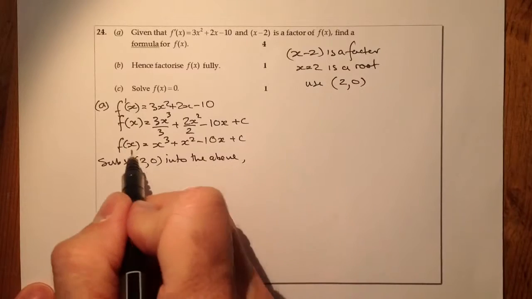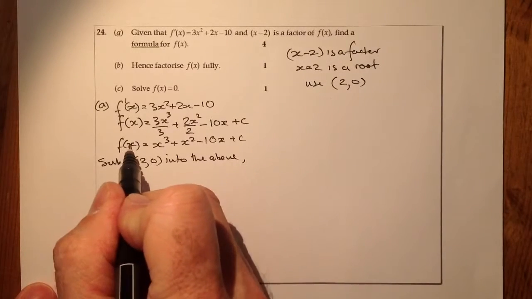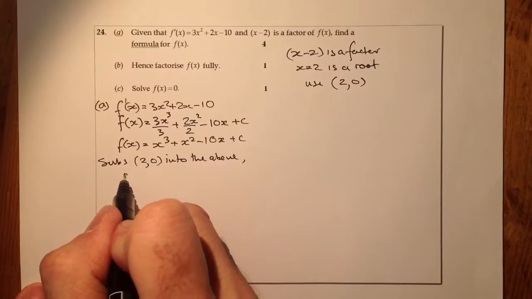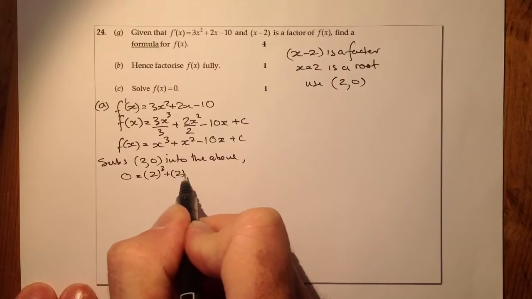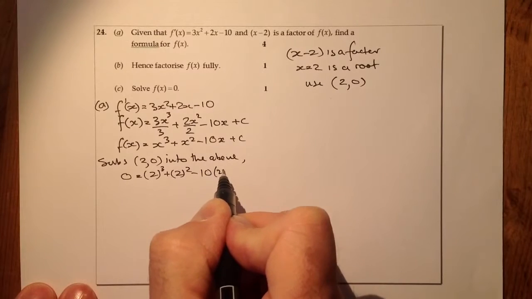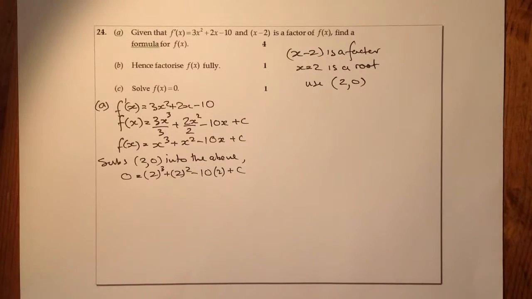Right then, so let's go for that. So 0 would be the y, or the f of x side. So 0 is equal to 2 cubed plus 2 squared minus 10 times 2 plus c. c is the only thing we don't know, so we can work out what value that's going to be.